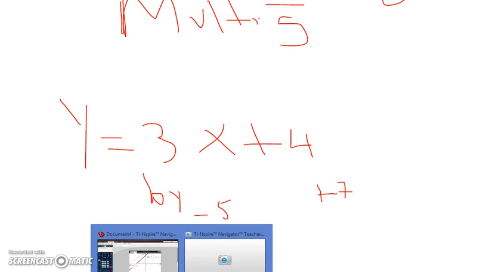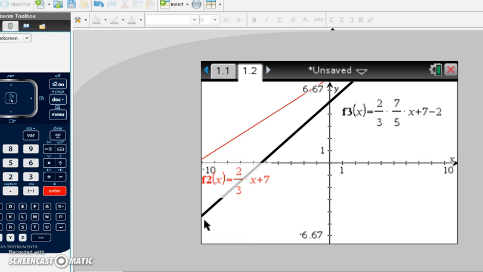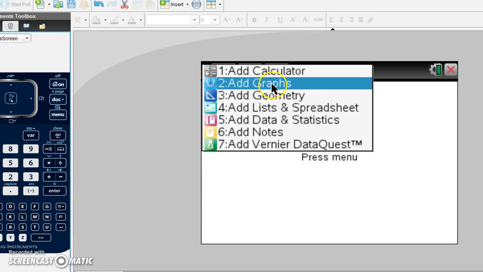I show you. So first thing that you do, you take your calculator and you graph the original. Okay, so I'm going to go to my calculator and I'm going to graph my original function.